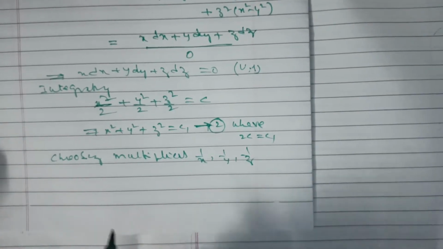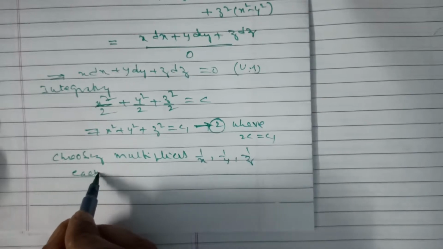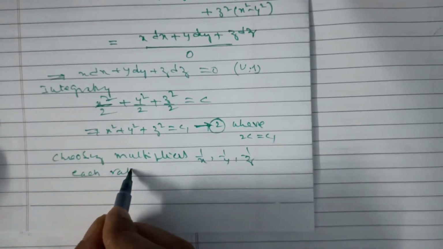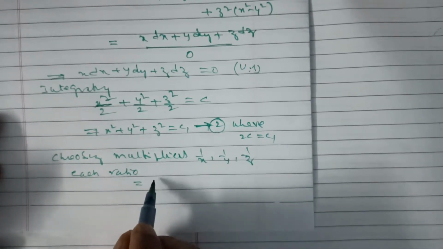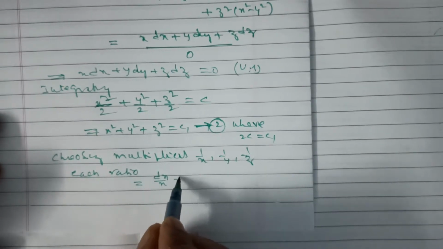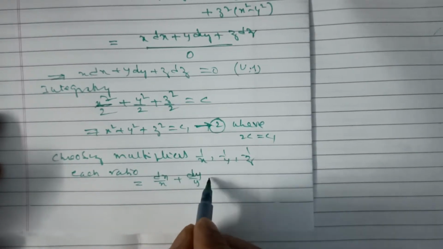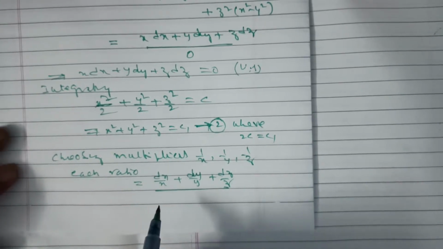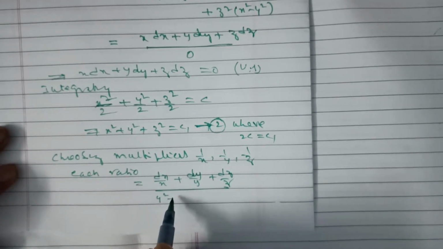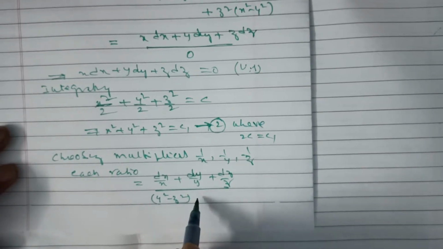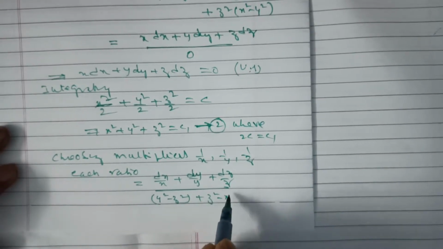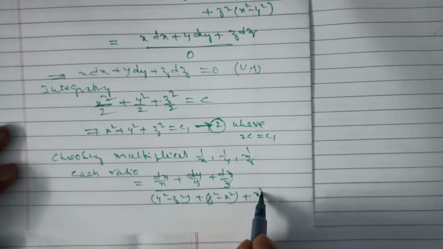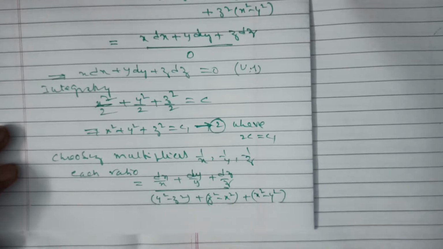each ratio is equal to dx by x plus dy by y plus dz by z, whole divided by (y square minus z square) plus (z square minus x square) plus (x square minus y square).